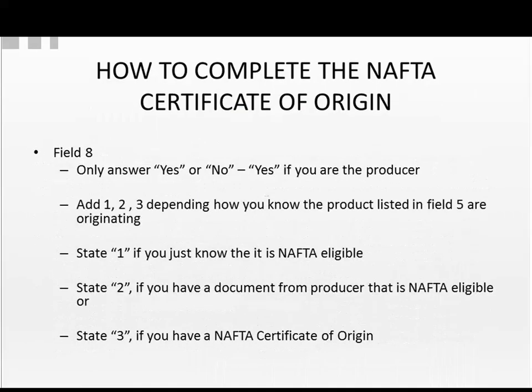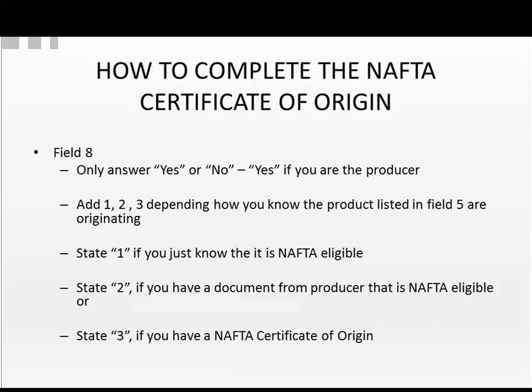Field number 8. You only answer either yes or no. And it would be yes if you are the producer. This is a question of how do you know the origin of the products listed in 5 are originating. How do you know?